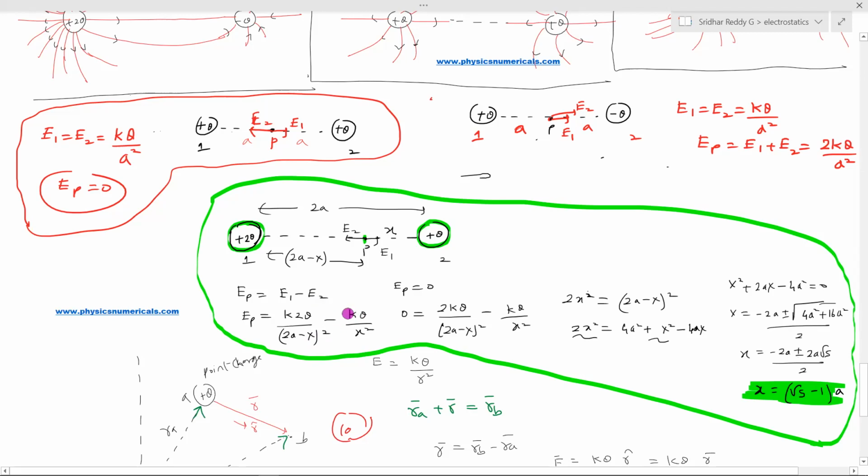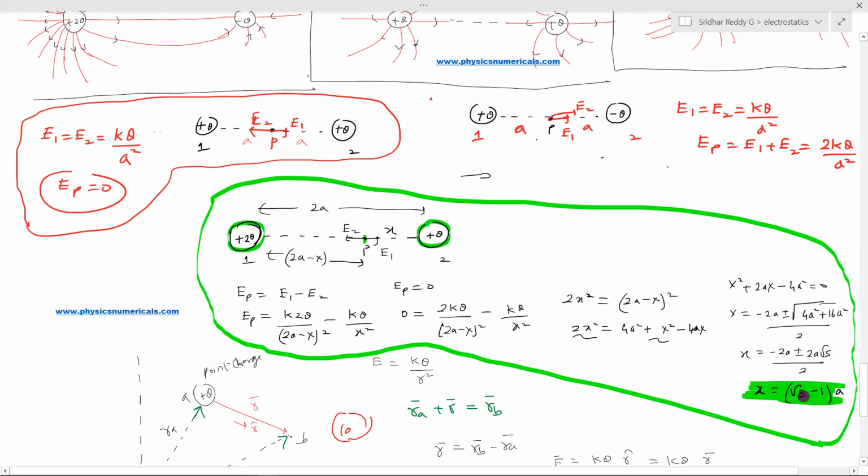Then E2, due to point charge plus q, will be kq by x square. So I want a point where the resultant field will be 0. Getting this? There's a condition: EP is equal to 0. Let me substitute and I'll solve for x. I'll expand this, I'll get a quadratic equation. So what is the position?